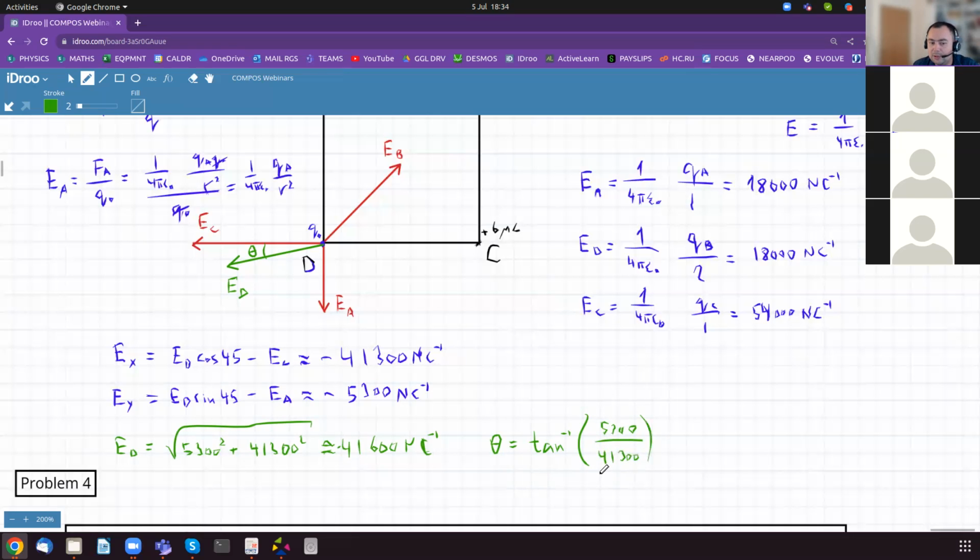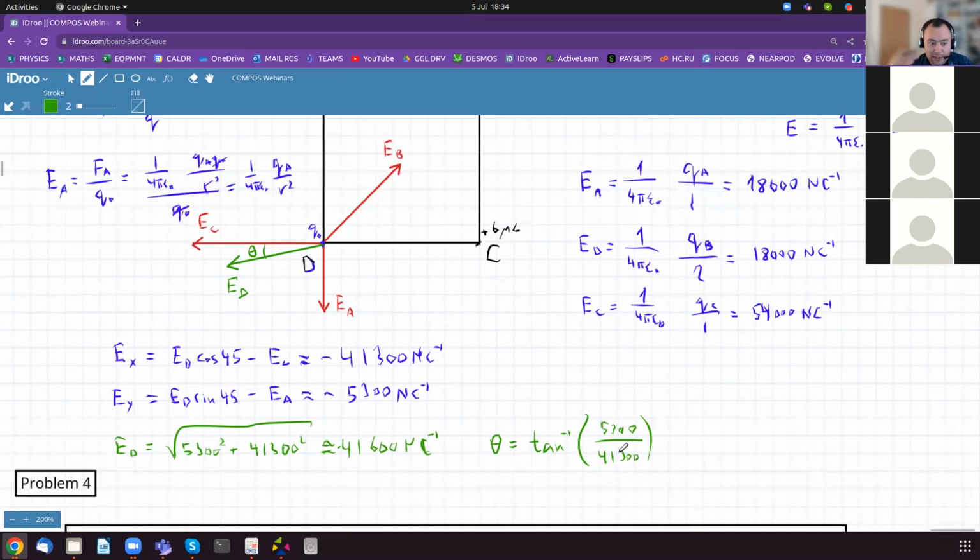Now, notice how I'm ignoring the signs. I have a diagram, and the direction is very obvious from the diagram. The fact that they are negative, I've already used when drawing the diagram. So I'm not using the negative values, because once you start inserting negative values into your arctan, it becomes a mess.